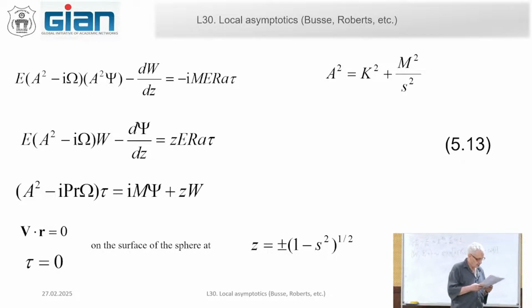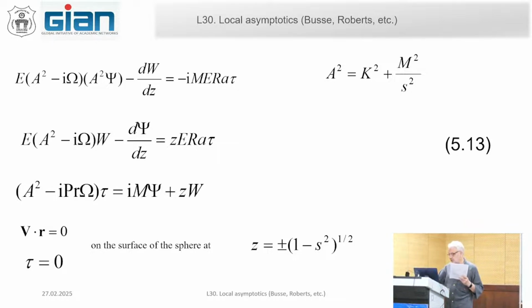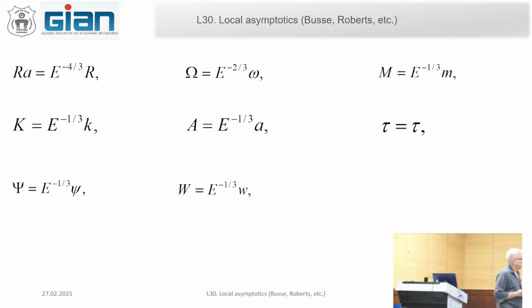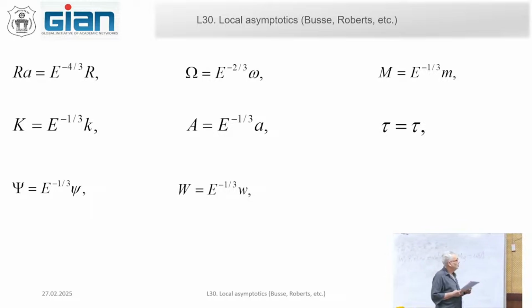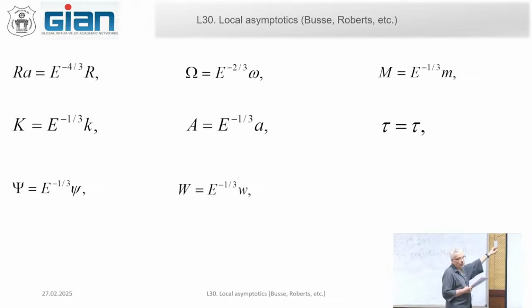And so the next step is to estimate all these terms of this equation in order of magnitude. And Busse and Roberts did it in the following way. First of all, they estimated the Rayleigh number, because it's the most important number. And it scales like e to the minus 4/3 r.